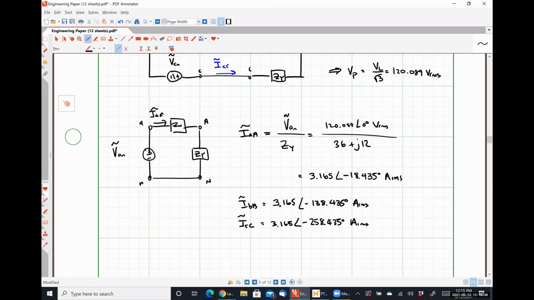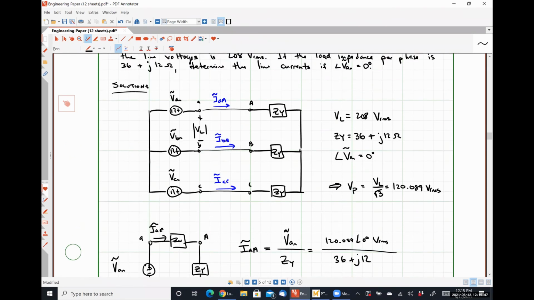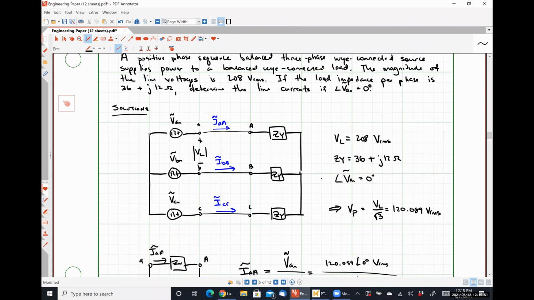We're supposed to multiply by or divide by square root of 3 angle negative 30 degrees. Okay, so the reason why I didn't care about the angle is because I was already told exactly what my angle for the A phase was, and I was only given the magnitude of the line voltage. So I had no reference phase angle to subtract 30 degrees from. A different variation of this problem might be the line voltage VCA is 208 angle 60 degrees.